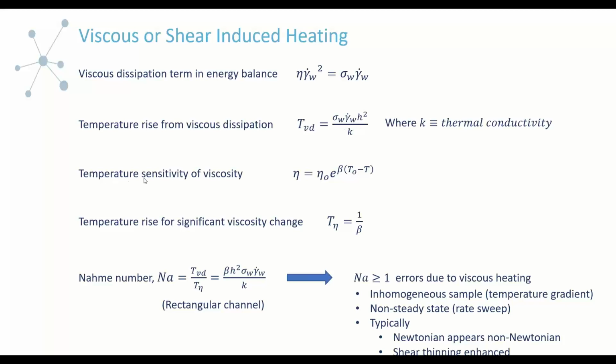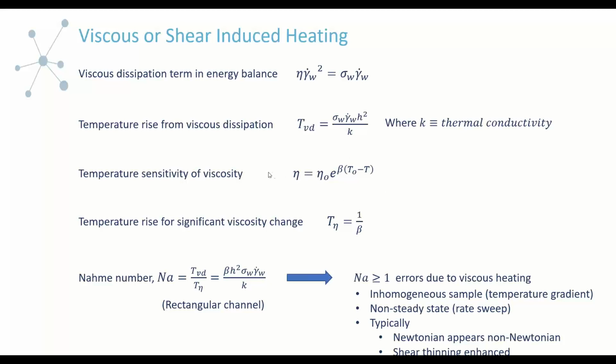Now, what's the other temperature scale that we want to consider? That would be how sensitive your viscosity is to temperature. They're defining this in a slightly different way than you typically would.